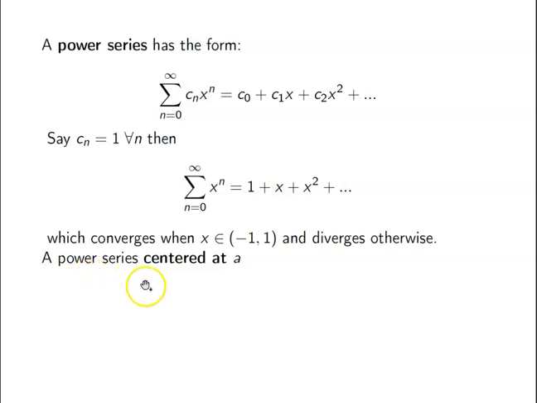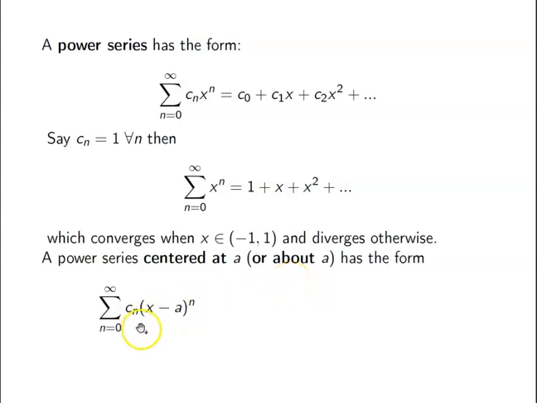Okay. A power series that is centered at the value of a, or about a, has the form the sum from n equals 0 to infinity of these coefficients, C0, C1, C2, et cetera, times x minus a to the nth power. Okay, so we're centered about this constant value a.